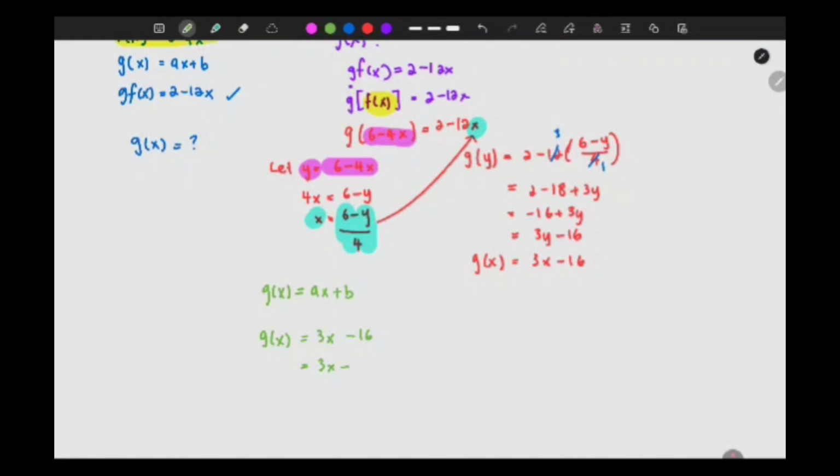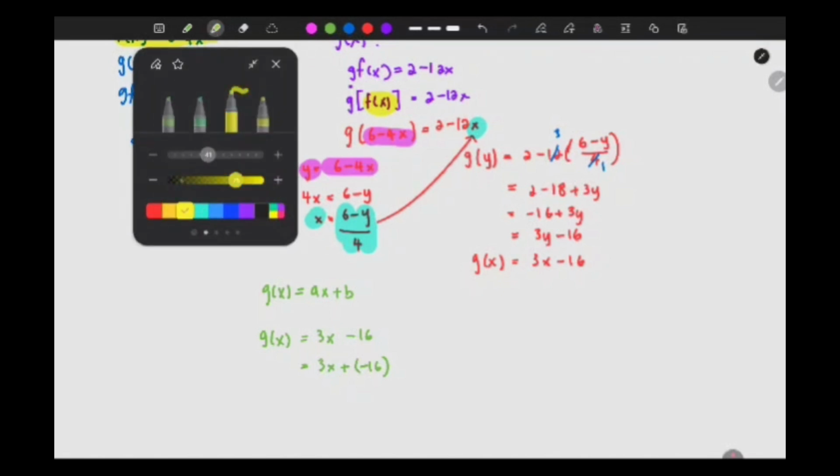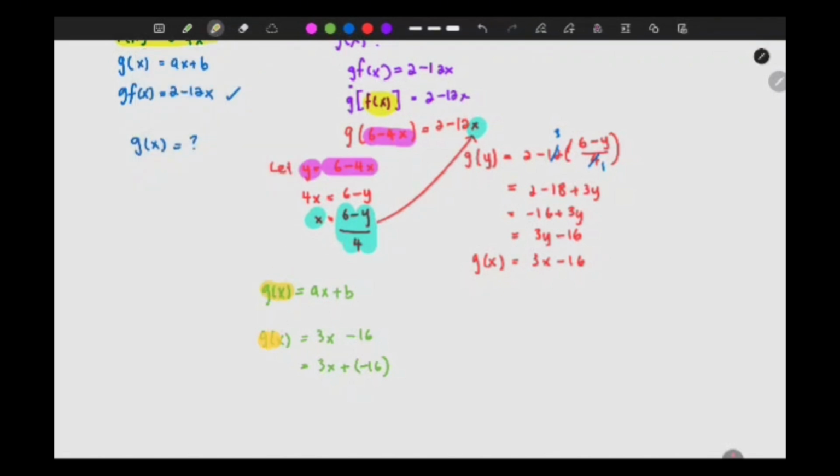Now you can see that it's the same: g(x), g(x), a is 3, same, x same, plus plus same. That means your b is negative 16. From the compare, you get a equals 3, b equals negative 16. It is possible for your answer to be negative.